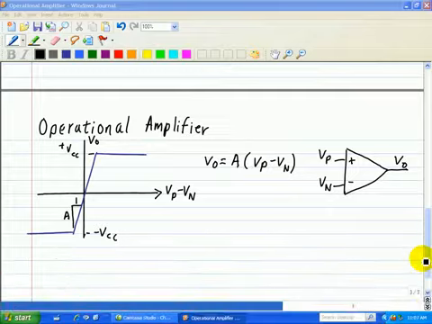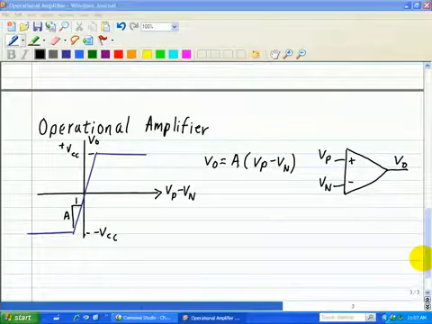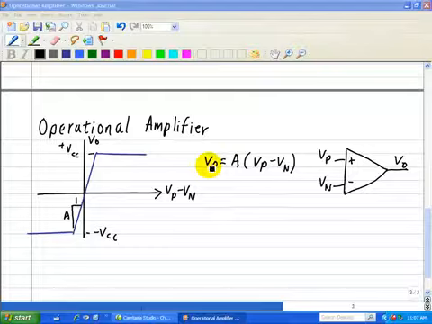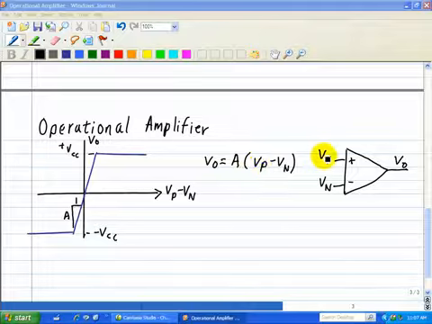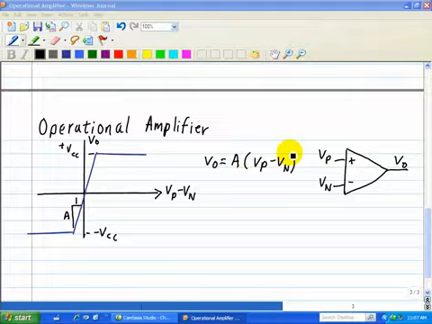Now let's look at the transfer characteristics of an op-amp. What we mean by transfer characteristics is what's the output in terms of our input. Well, our input is in terms of our non-inverting and inverting inputs. In fact, it's the difference between these two inputs multiplied by some high gain.